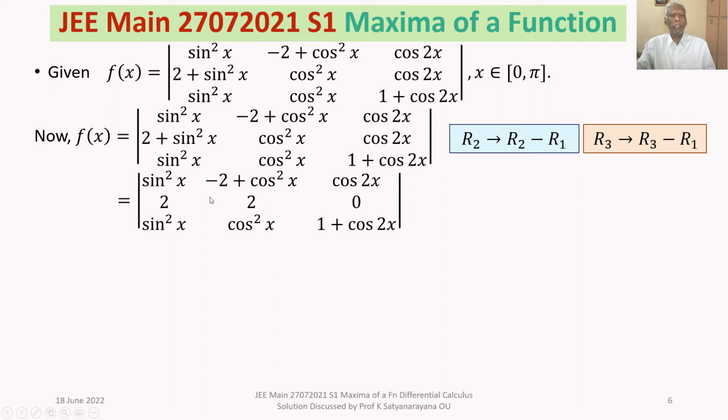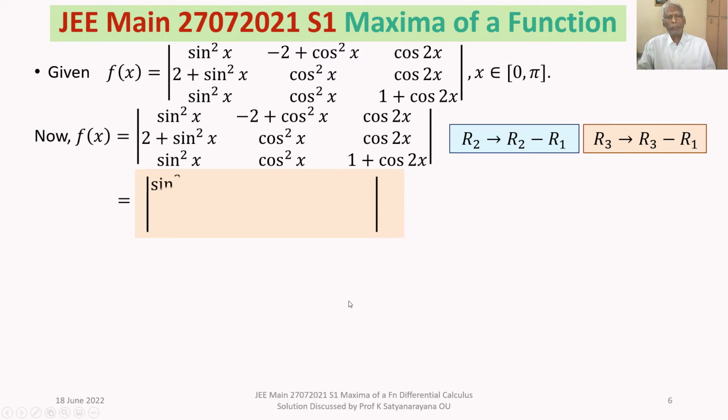Cos square x minus of minus 2 plus cos square x: cos square x cancels, minus of minus 2 will be plus 2, 1 plus cos 2x minus cos 2x will be 1. So you will get the third row as 0, 2, 1, as discussed. Now it is very simple.